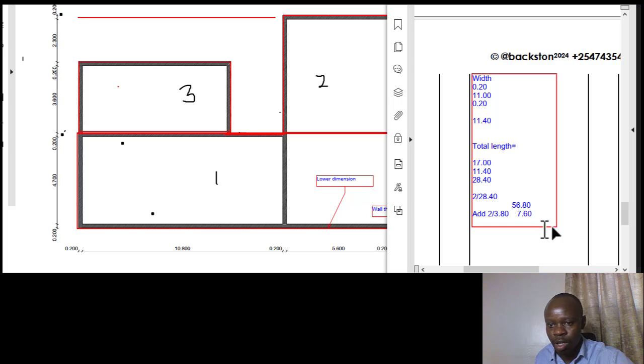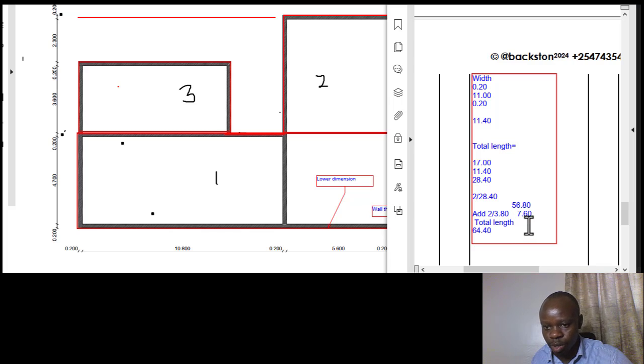That is 7.60. Okay, so when we add these two, we should be getting that perimeter on the external face, and that is going to be 64.40 as the total length.